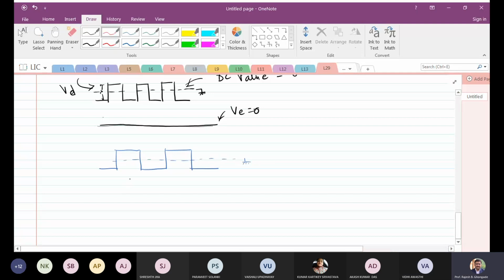And you have, let us say now, okay, now if the phase shift is like this, let us see what happens.